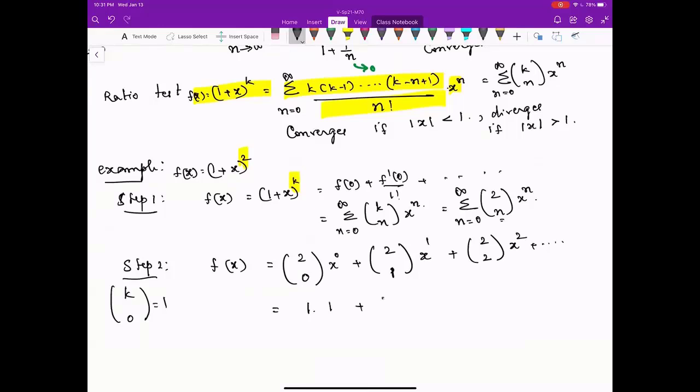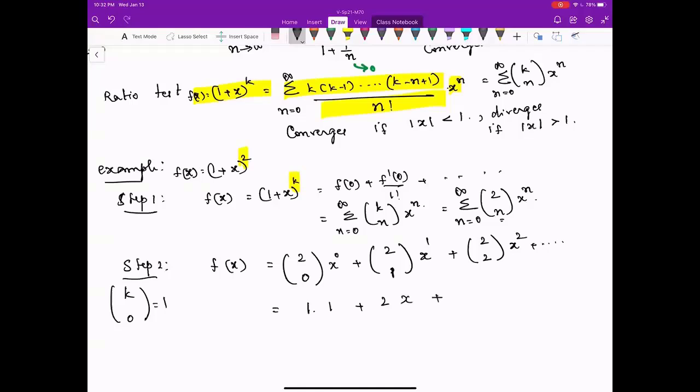In order to do 2 chosen 1, you have to use this formula: k times (k minus 1) up to (k minus n plus 1). You have to start off at 2 and start reducing, and you have only one factor. So 1 chosen out of 2 is just 2, so it's 2x.